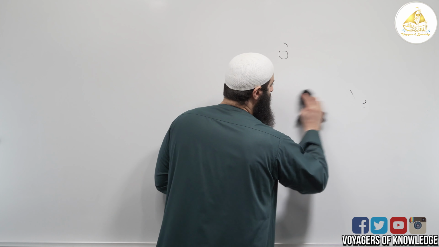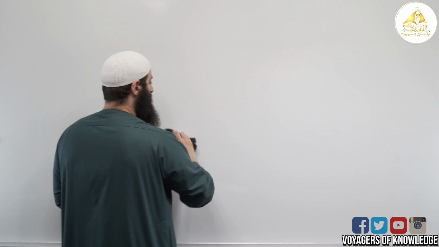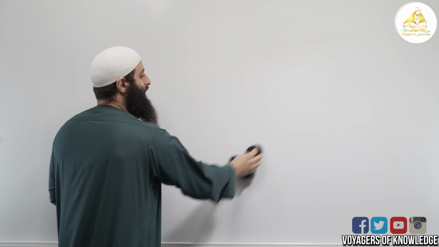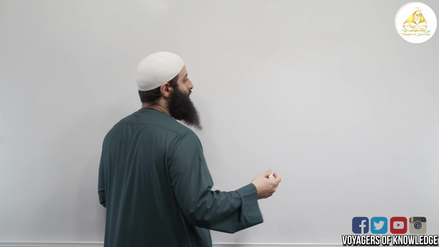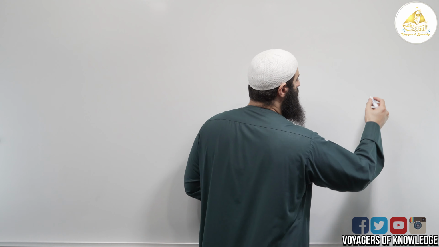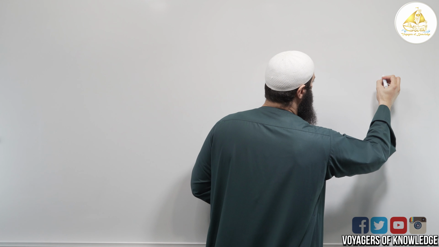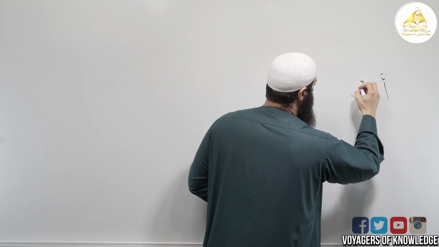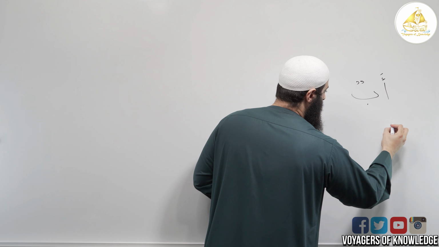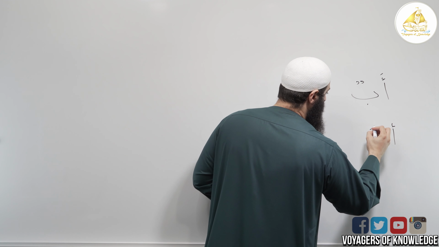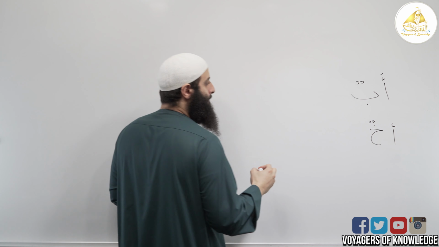Because what we have is the introduction of something called Al-Asma al-Khamsa, the 5 names. All right? And all we're going to do is focus on 2 of those 5 names now. We have the word Abun, a 2-letter word, and Akhun. All right?